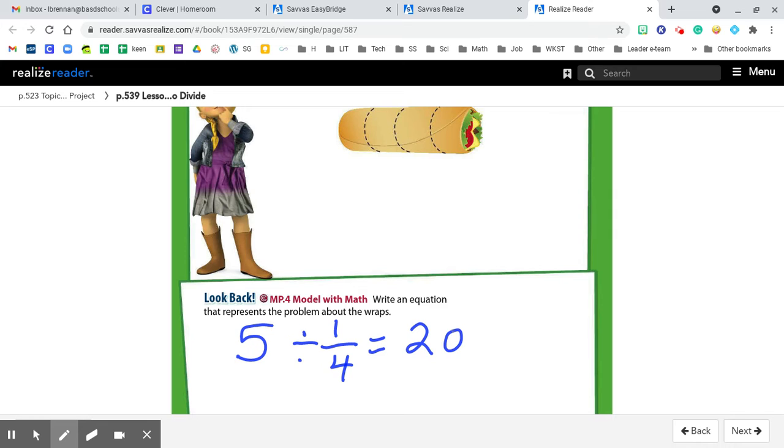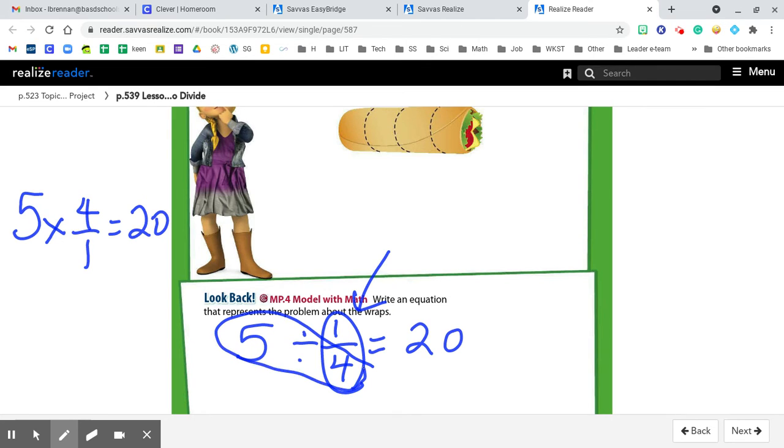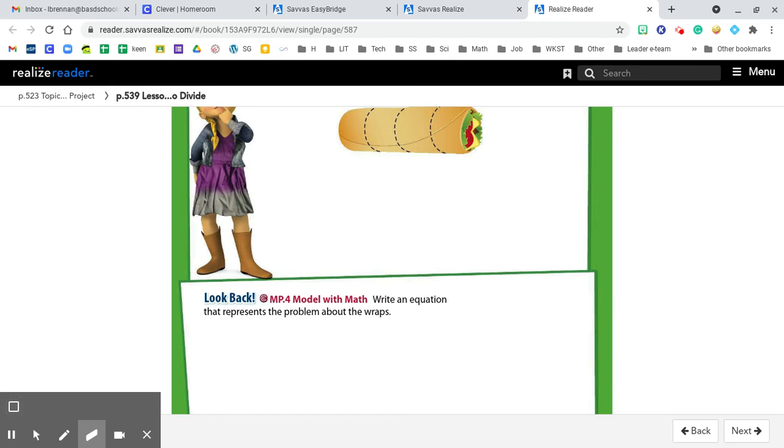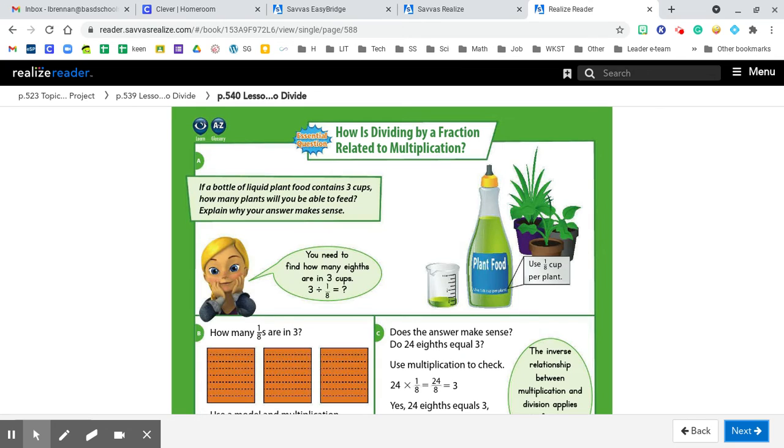So what we can say is 5 times, I'm going to take 1/4 and flip it over, 4/1 equals 20. That's using the inverse operation. In this case, because we have a whole number times a fraction, and the fraction is a unit fraction, we can actually just cross multiply the 5 and the 4, and that'll get us the 20. There are lots of different ways to do this, but I know it's tricky, so stay with me here.